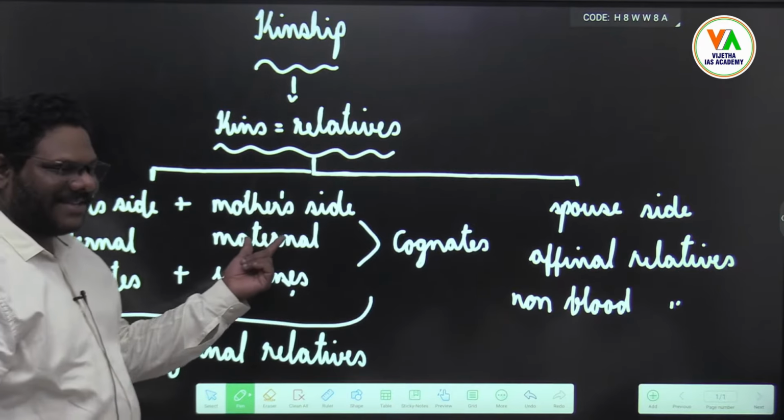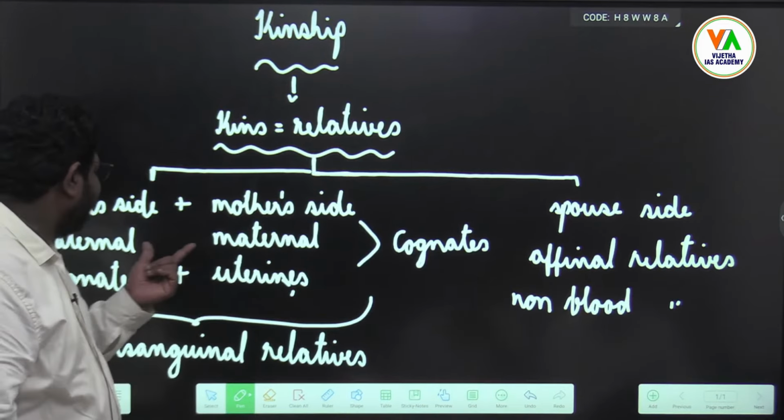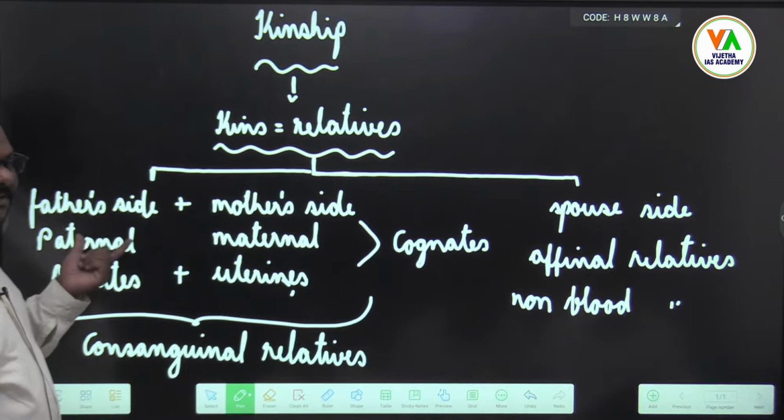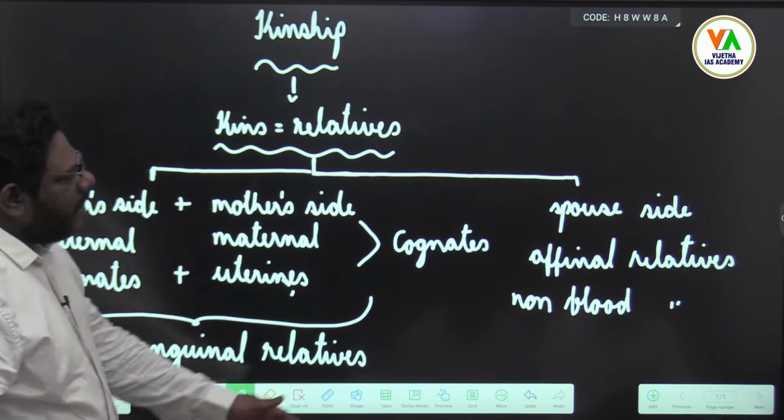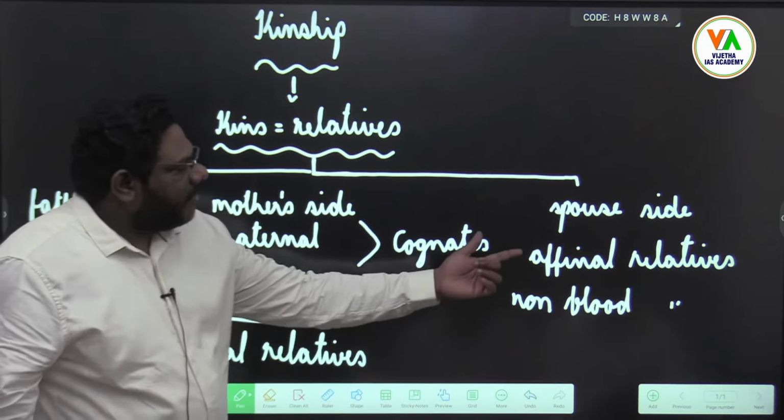Maternal side. Fraternal is from father side only, brother, isn't it? Fraternal side means brother's spouse will be on this side, affinal. They will come under affinal. So siblings and their relatives come under affinal. You get my point? Any doubt you can ask.